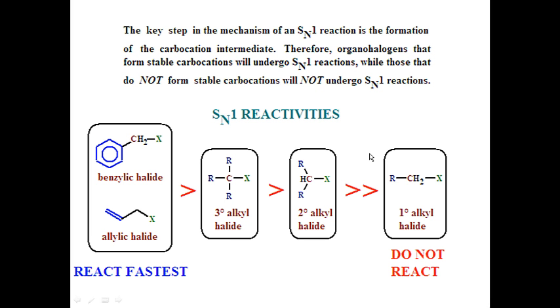If you can't form a carbocation, you're not going to undergo SN1. What we find is that tertiary halides react faster in SN1 than secondaries, and primaries don't react because they don't form a stable carbocation.